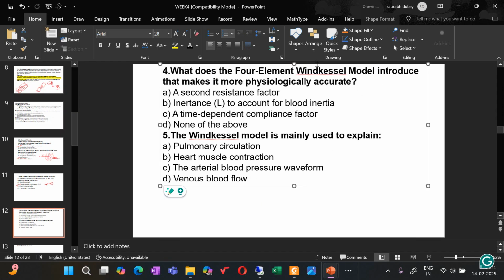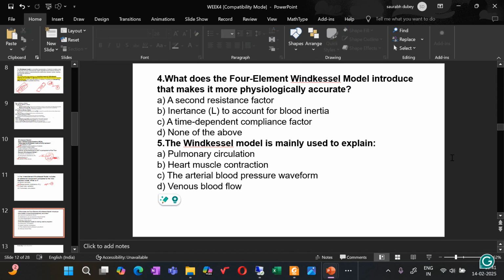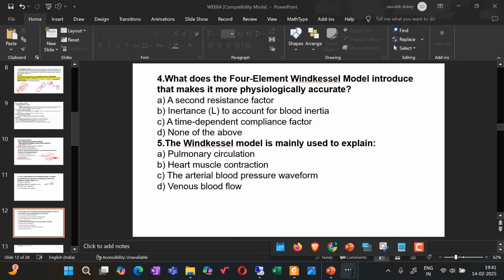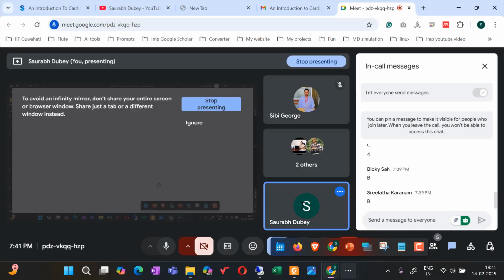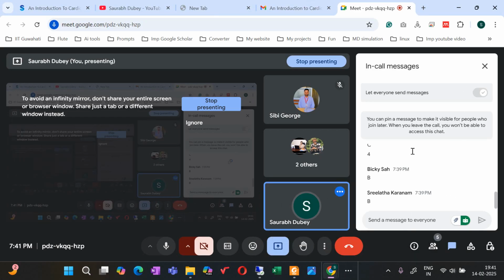What does the four element Windkessel model introduce that makes it physiologically accurate? And what do you mean by physiologically accurate? That is another question. Please just attempt it.